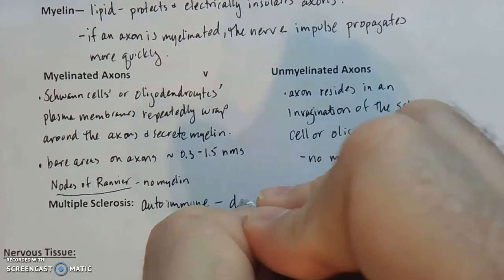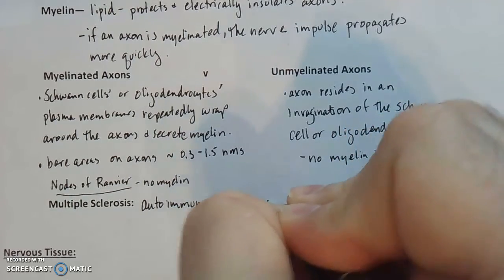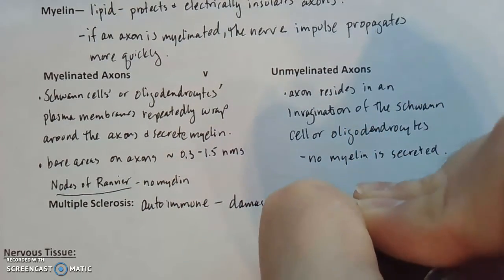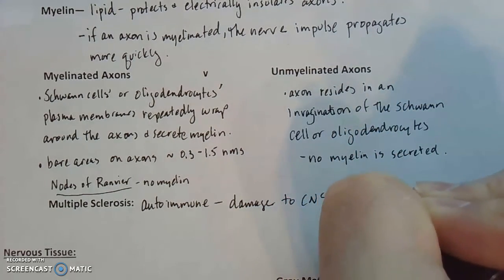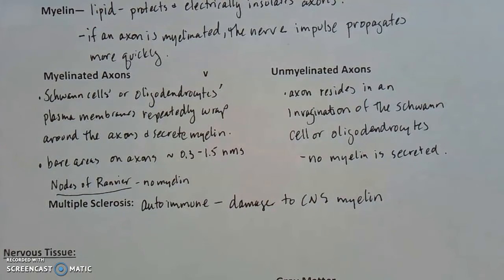And there is damage to the CNS myelin. So it starts slowing down signals, and that is one of the things that people end up getting weaknesses, and it can also damage the PNS myelin too. But this is an autoimmune disease, which means your body is attacking that.